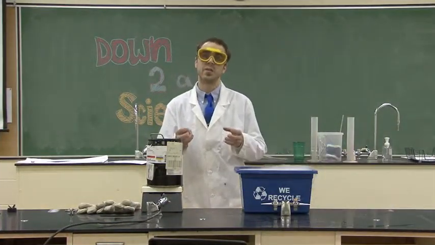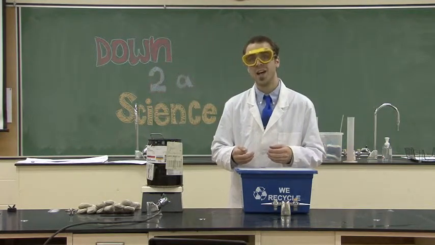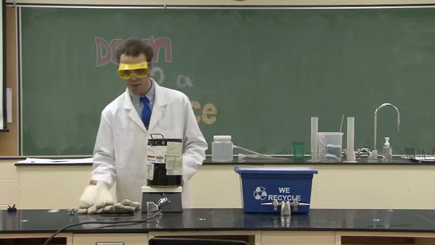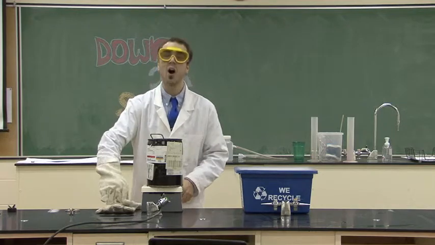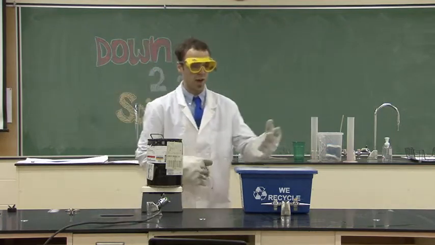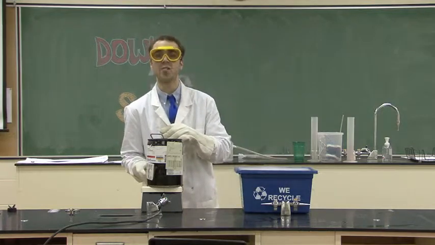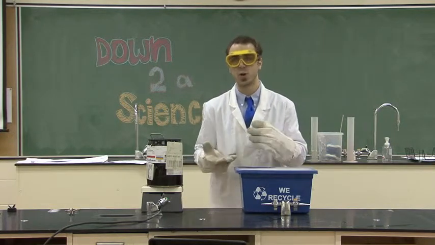We've already seen the effect of atmospheric pressure on a regular pop can. Now let's see the effect on a much bigger can. I've added a little bit of water to this can and I've heated it up, allowing all of the oxygen to exit the can. Now here I have a nice cold bath of water. If I take this can and flip it upside down just like I did with the pop can, it should work.